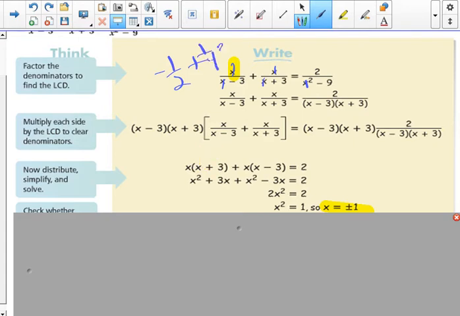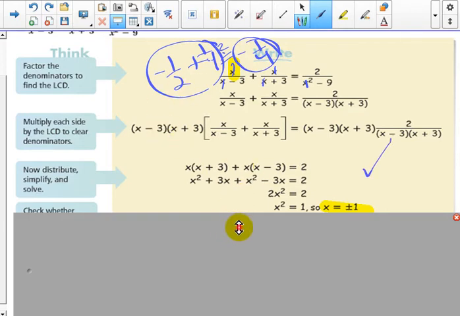Does that equal, let's see, 1 squared minus 9 is negative 8, so negative 2/8, which is negative 1/4? Yes, that checks, because negative 1/2 plus 1/4 is negative 1/4. So negative 1/4 equals negative 1/4. So yes, positive 1 checks out, so it's a solution.